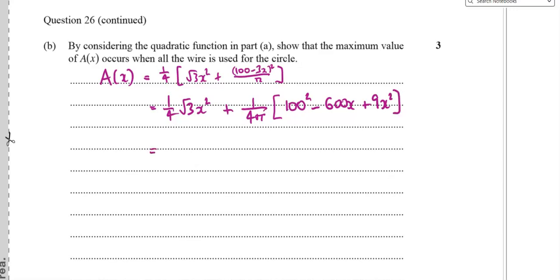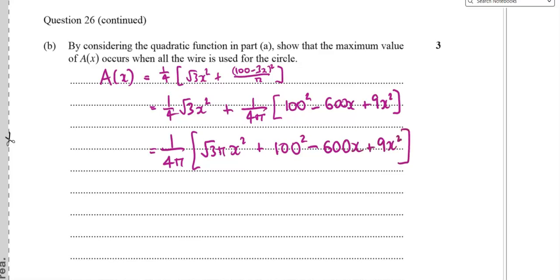All right, let me pull out a 1 on 4 pi. So I'll introduce a pi here on the x squared plus all these terms. And now I can see that I can collect that 9 with the root 3 pi.